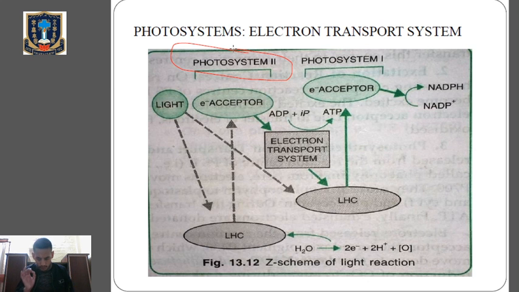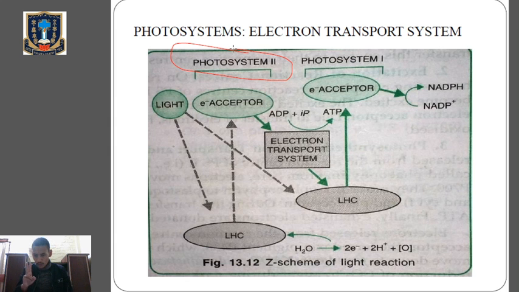So in PS2, the reaction center, the chlorophyll A, will absorb light of wavelength 680 nanometer, which is called P680.